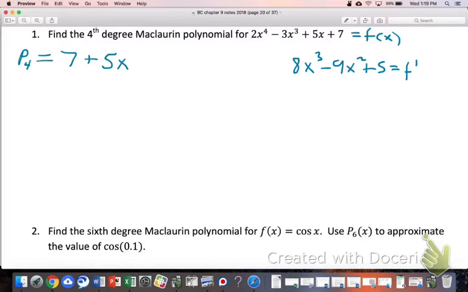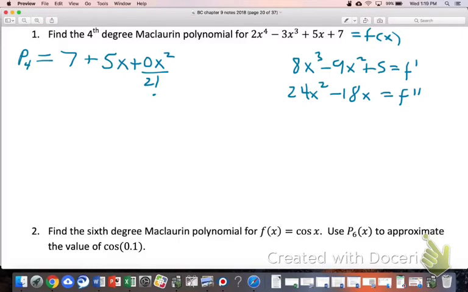The next term we need f double prime. So let's find f double prime. 24x squared minus 18x is equal to f double prime. So what's f double prime of 0? 0. Okay, so I'll write 0x squared over 2 factorial, just to keep the consistency with the construction there.